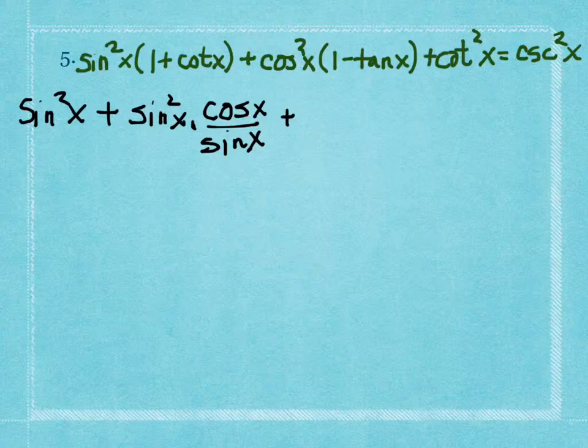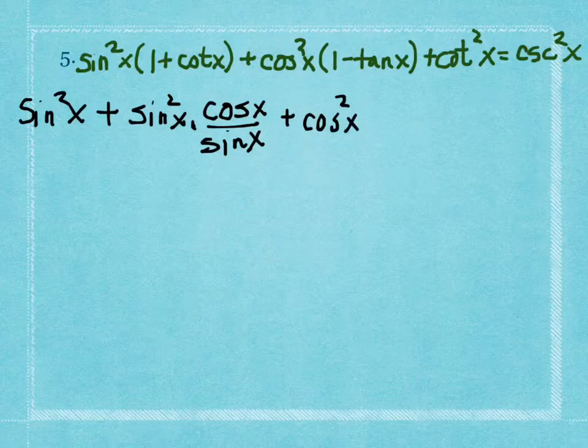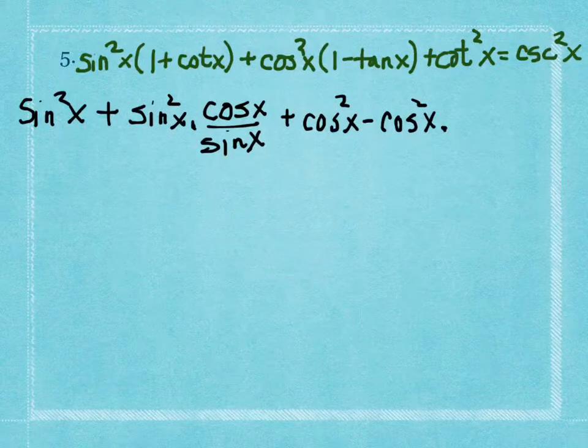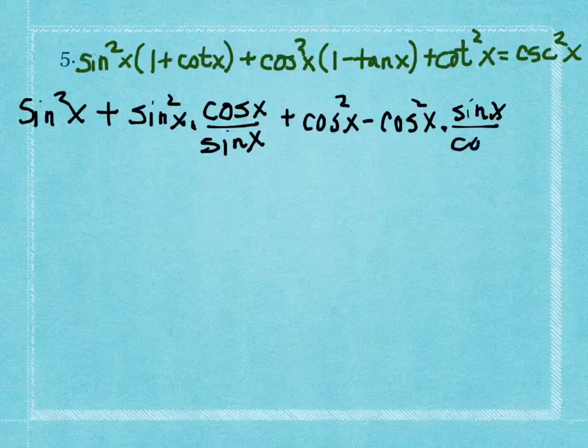Plus, now I've got cosine squared times 1, so that's cosine squared of x, of course. And then minus the cosine squared times tangent. What is tangent? That one's sine over cosine, good. And then we don't want to forget I've got a plus cotangent squared here.